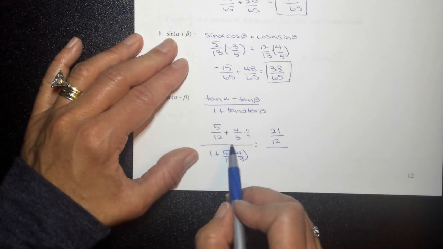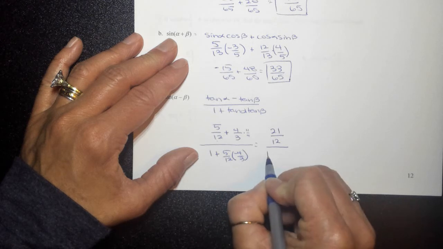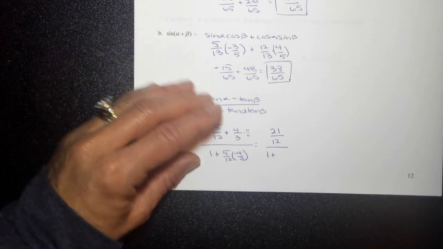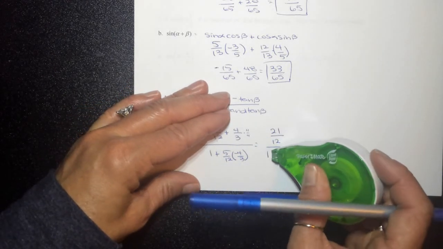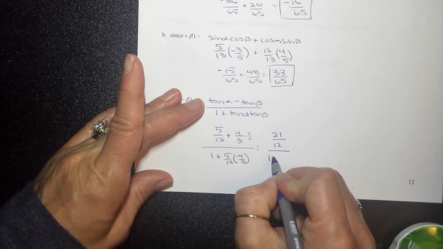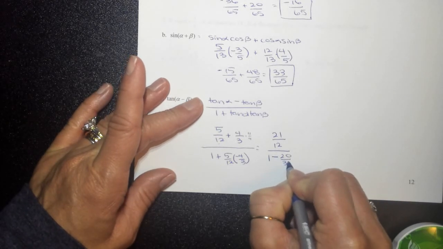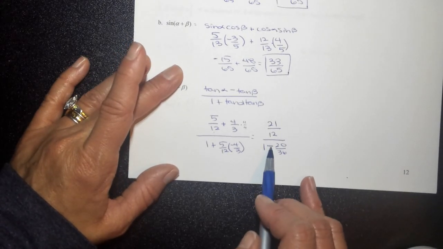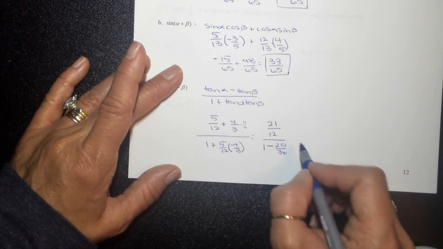divided by, let's see, this would be 1 plus, actually 1 minus 20 over 36. Okay, so I know I need to get a common denominator here, but actually because I have a complex fraction, it's easier if I multiply this whole thing by the least common denominator.